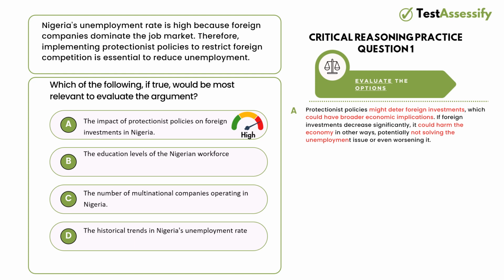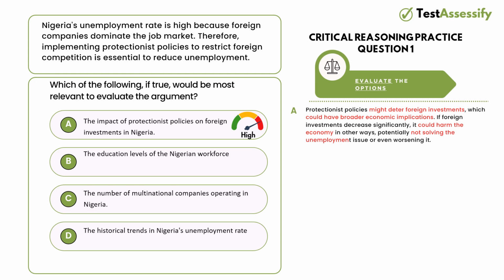Now, which of the following, if true, will be the most relevant to evaluate the argument? It is option A, which states the impact of protectionist policies on foreign investments in Nigeria. Now, we all know that protectionist policies might deter foreign investments. This could have a very broad impact on the economy.